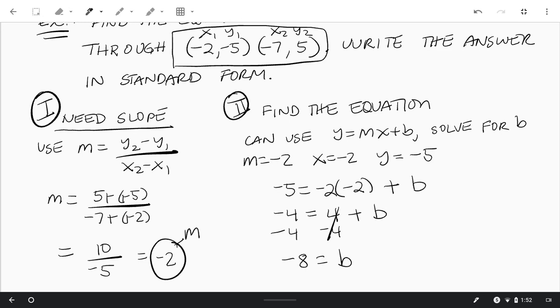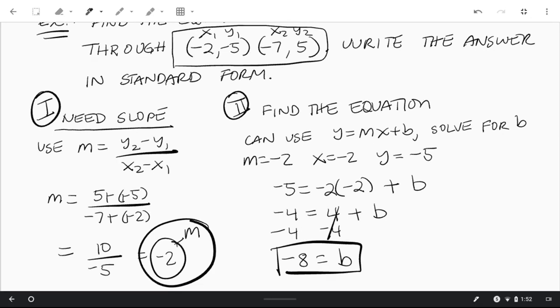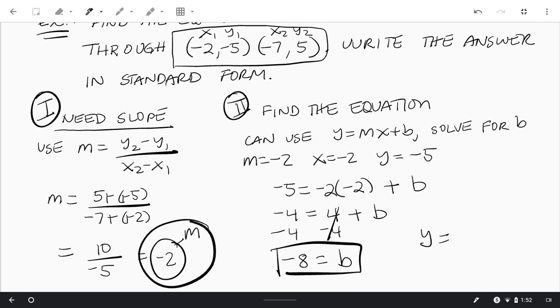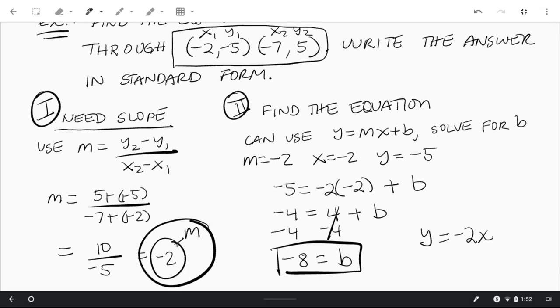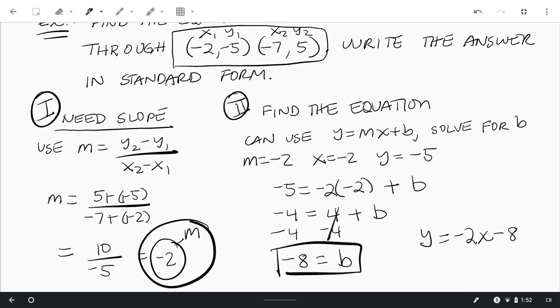So long as you have b and m, then you have your equation. Your equation is going to be y equals mx plus b, which is y equals negative 2x minus 8. So this would be your equation of your line.